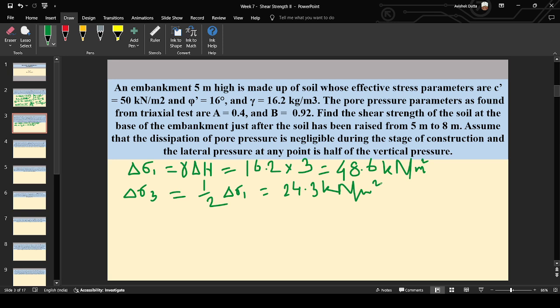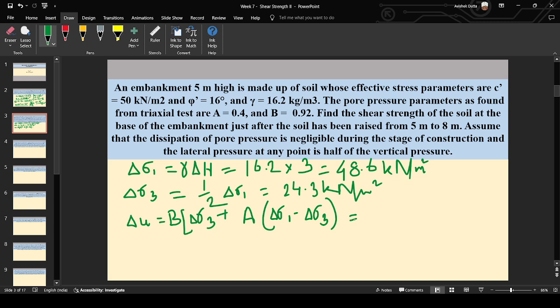Now the change in pore pressure can be found out from Skempton's pore pressure parameters. Del U, the formula is parameter B into del sigma 3 plus A into (del sigma 1 minus del sigma 3).